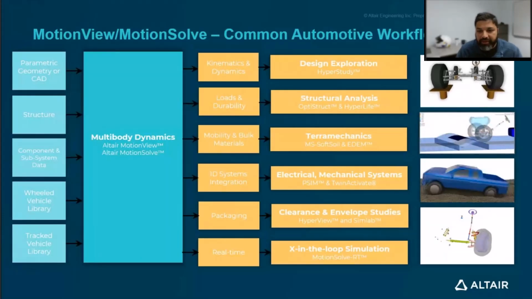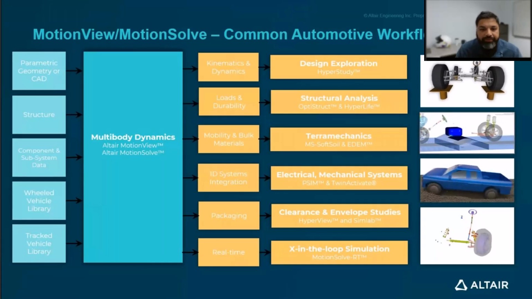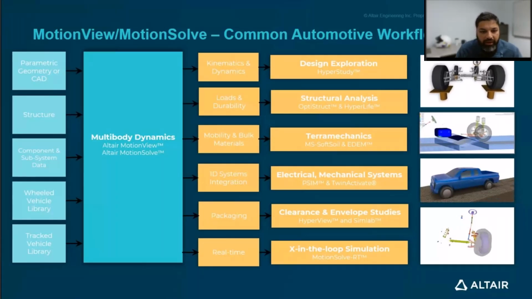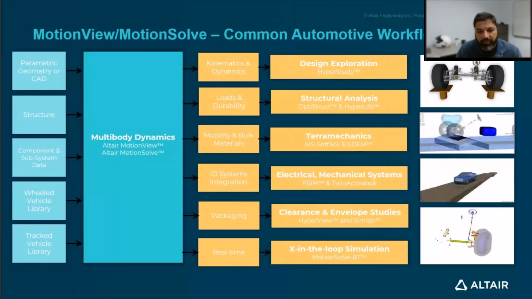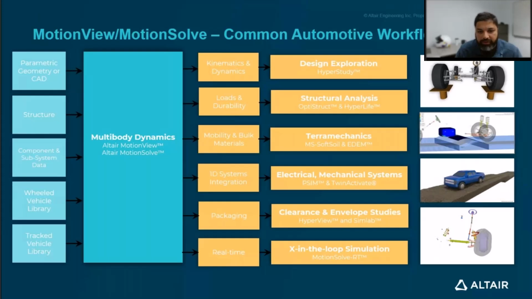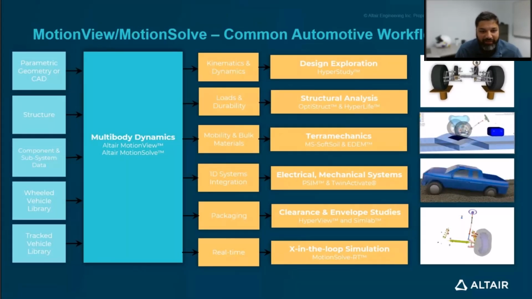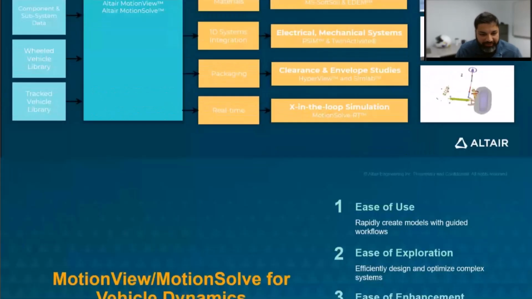So clearance studies around tire envelope and things like that, suspension components, envelope studies. And then lately, since 2024, we have X in the loop simulation, which is enabled via MotionSolve real time. So back to you, Adam. Let's take it away on the details of some of these things.